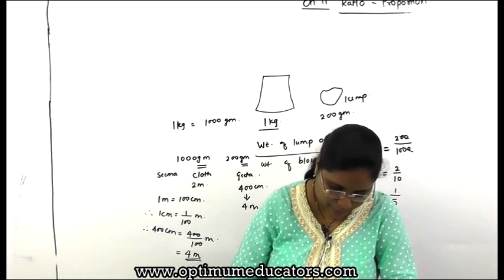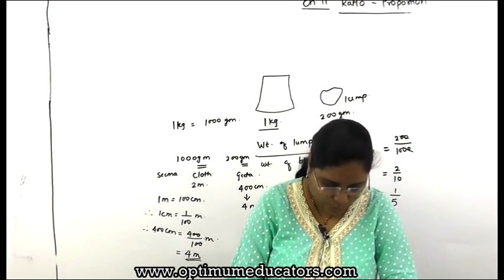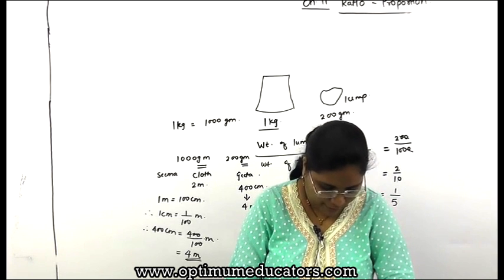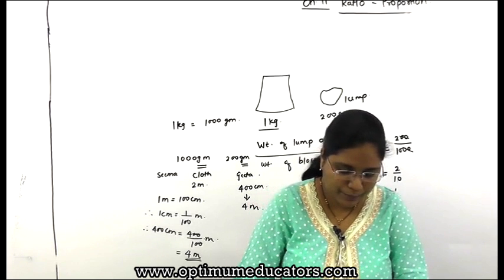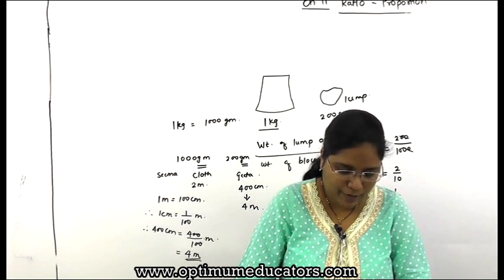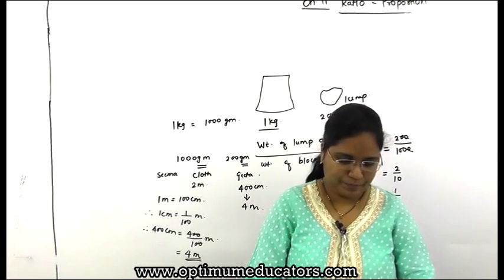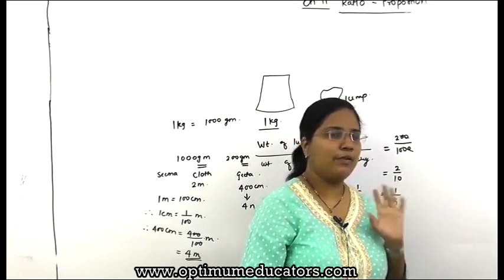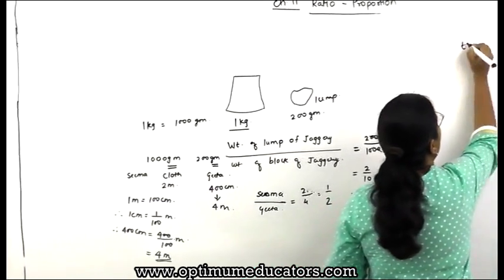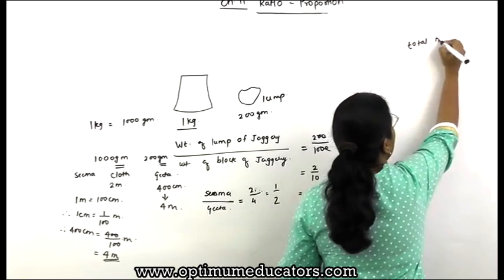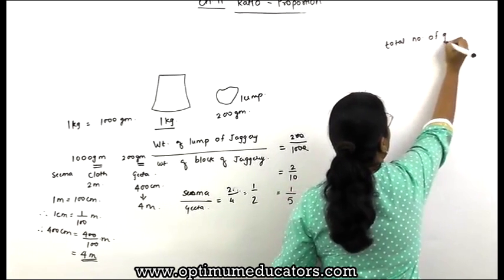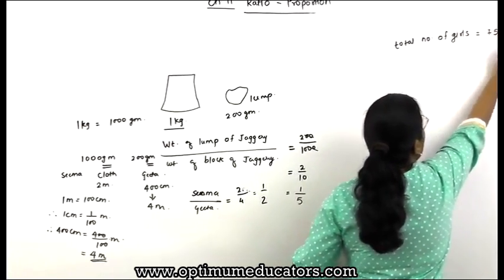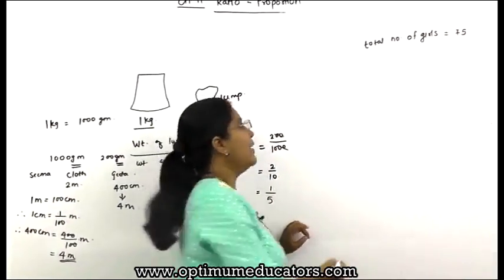A hostel is to be built for school going girls. 2 toilets are to be built for every 15 girls. If 75 girls will be living in the hostel, how many toilets will be required in this proportion? So there is a hostel where the total number of girls will be 75, and what is the hostel's condition?